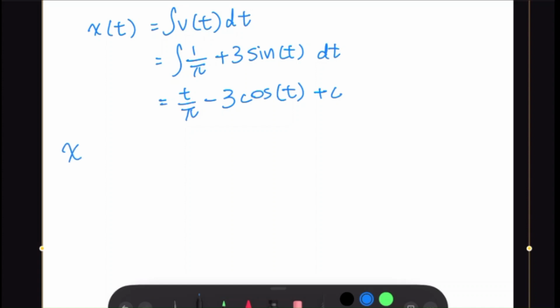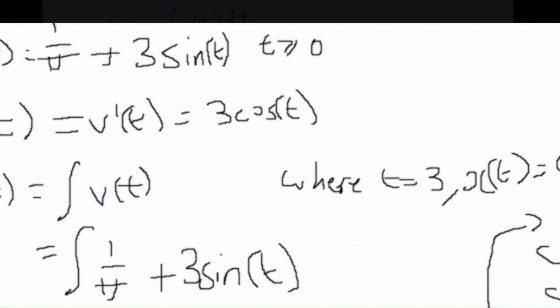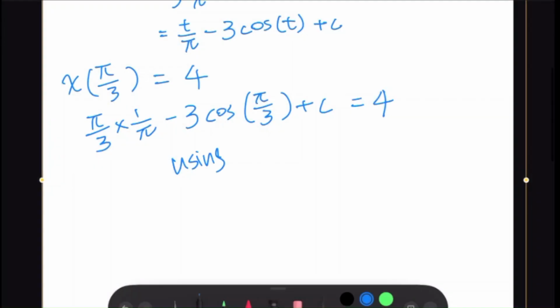What we do is we plug the given info into it, so that we are left with pi over 3 times 1 over pi minus 3 cos pi over 3 plus c equals to 4. And then, using a calculator or whatever, we'd be left with c equals to 31 on 6.